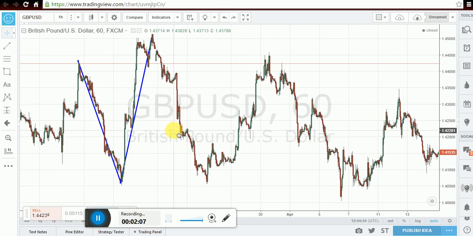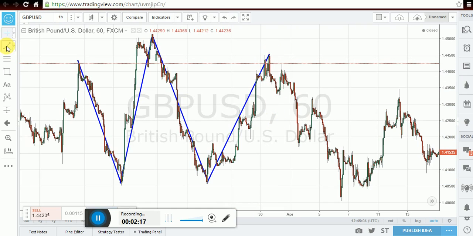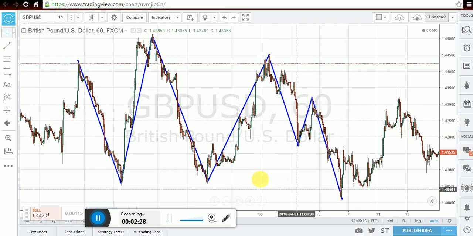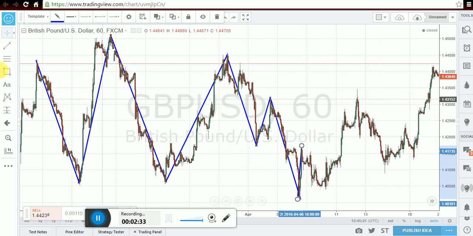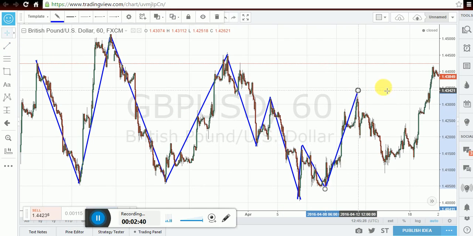I'm going to draw it all the way through, from the highs to the lows of a certain trend. As you can see there, back down here, and then we had a little retracement, and then move back down, go ahead and move there, back down, all the way up here.